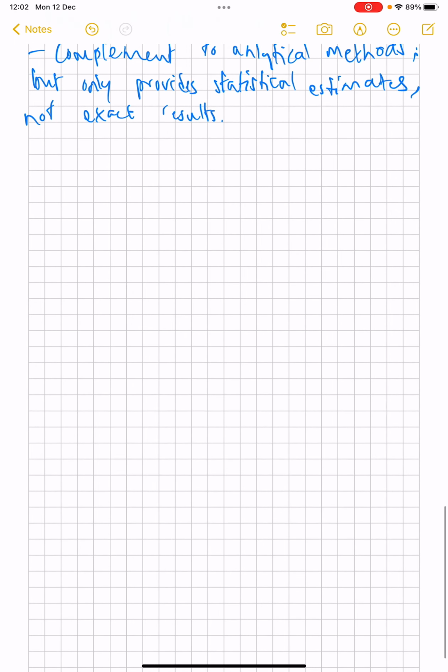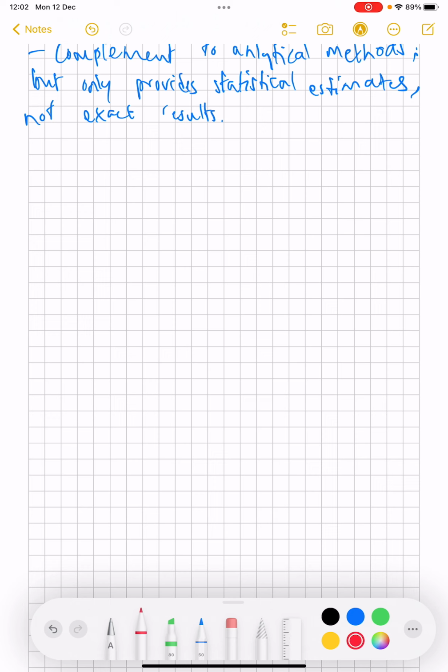So that was the theory of Monte Carlo simulation.